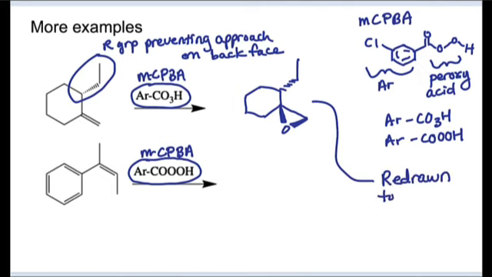Okay, so let me redraw this. What that means is that the ethyl's over here, and the group with the epoxide is also this way because that bond has to be on wedge.